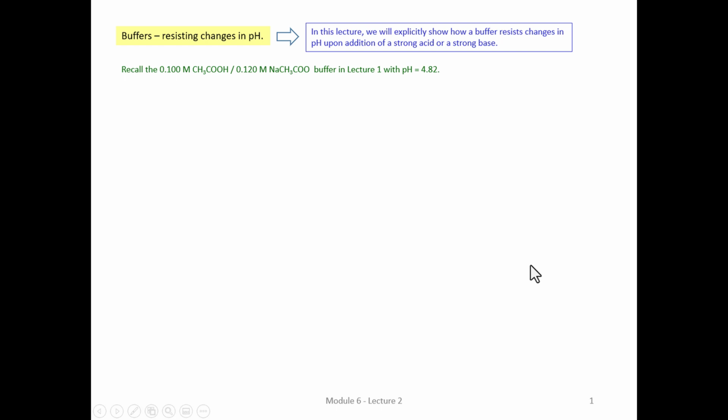Recall the 0.1 molar acetic acid, 0.12 molar sodium acetate buffer in lecture 1, where we said the pH of that buffer was calculated to be 4.82. We set up this equilibrium to show our buffer equilibrium in solution, acetic acid on the left, acetate ion on the right. We said that there was 0.1 molar acetic acid in this buffer, 0.12 molar acetate from the sodium acetate.